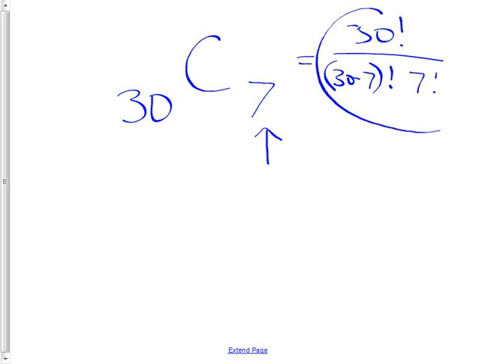And if you put that all in your calculator, you could figure out the answer now. Go ahead, try it. It's really big numbers. Might want to write down what 30 factorial is so that you can come back to it later. And then 23 factorial.